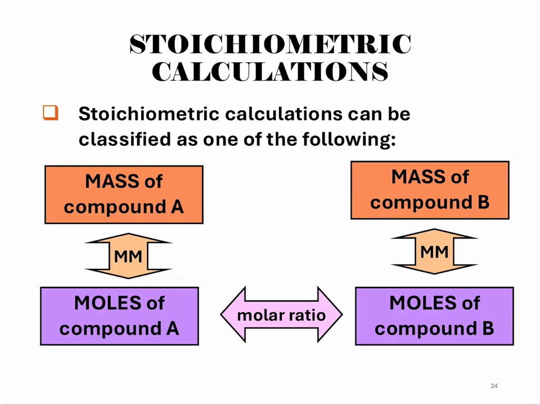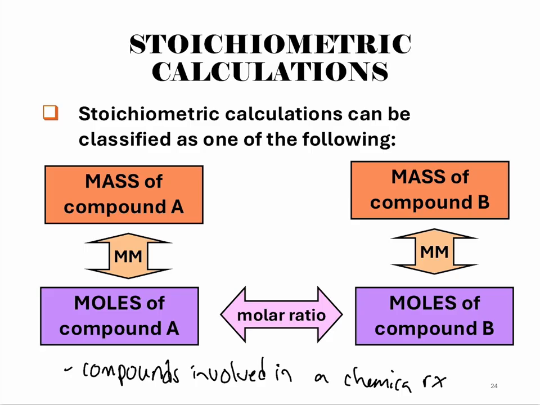These are compounds involved in a chemical reaction. And we need to convert whatever amount of compound we have into moles first before we can go between compounds. So again, we go into the universe of the moles, and that's what allows us to go between compounds.